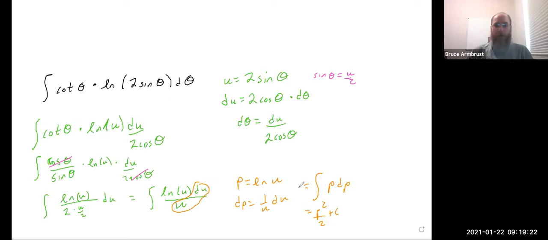We'll plug in our p, which is natural log of u, plug in our u. And what we end up with, if we resubstitute, is the natural log of 2 sine theta squared over 2 plus c.